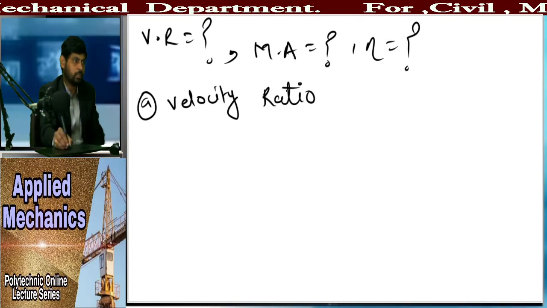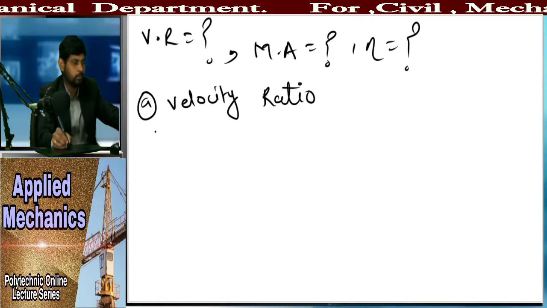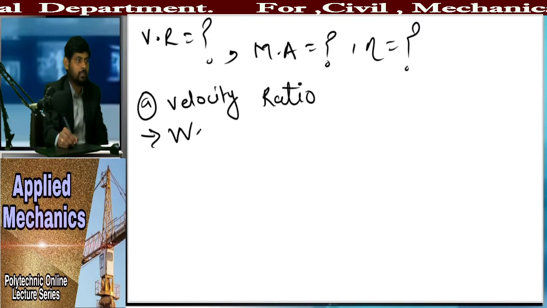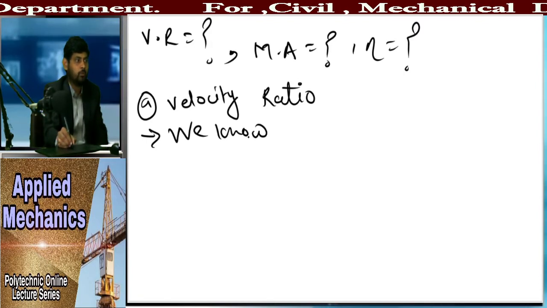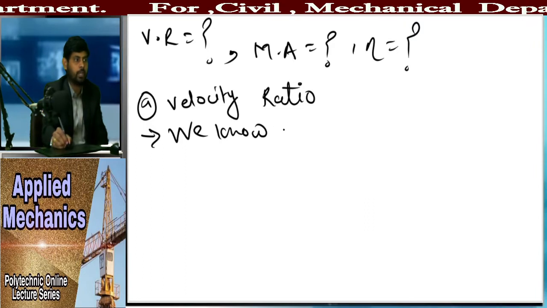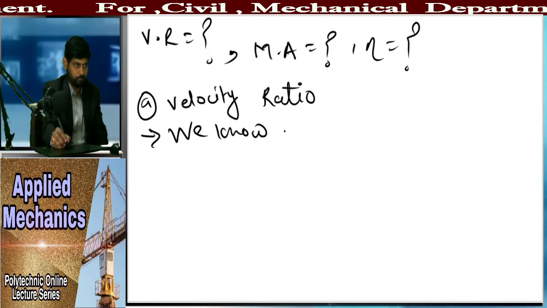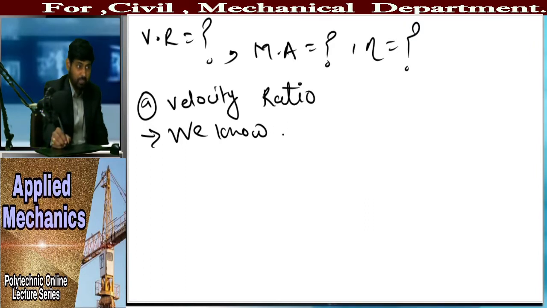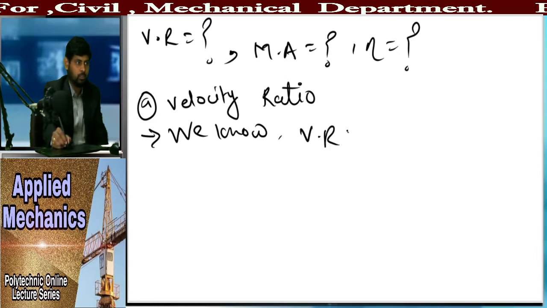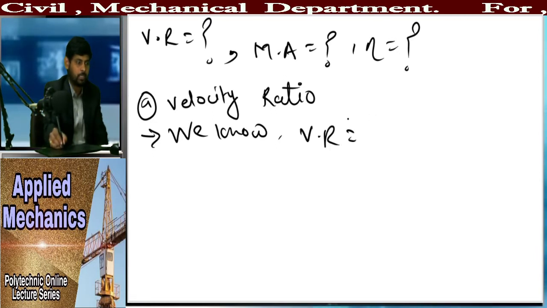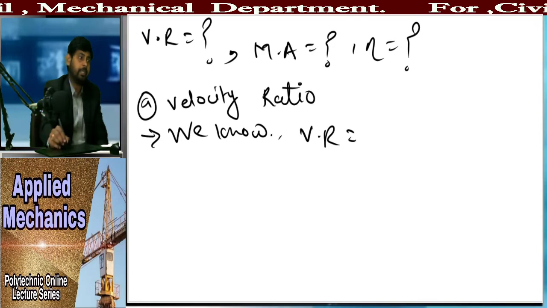Velocity ratio. We know the formula for velocity ratio of Weston's differential pulley block. What is the velocity ratio formula for that?